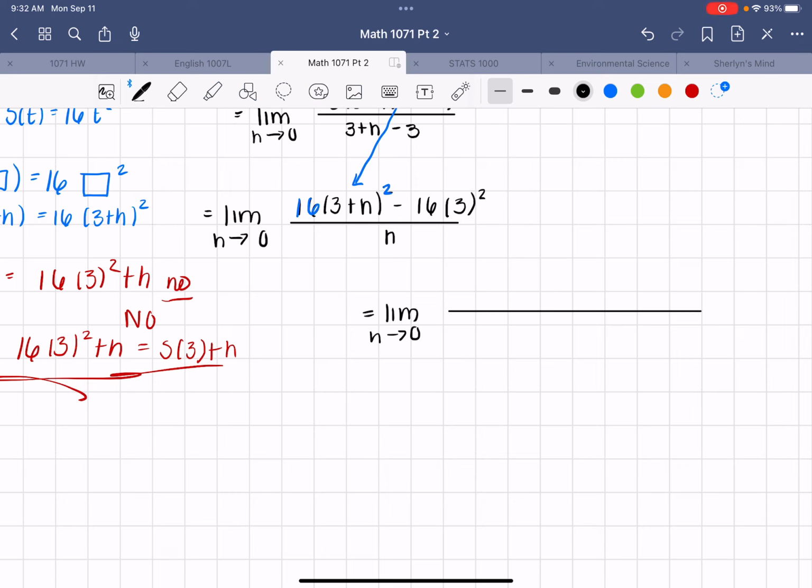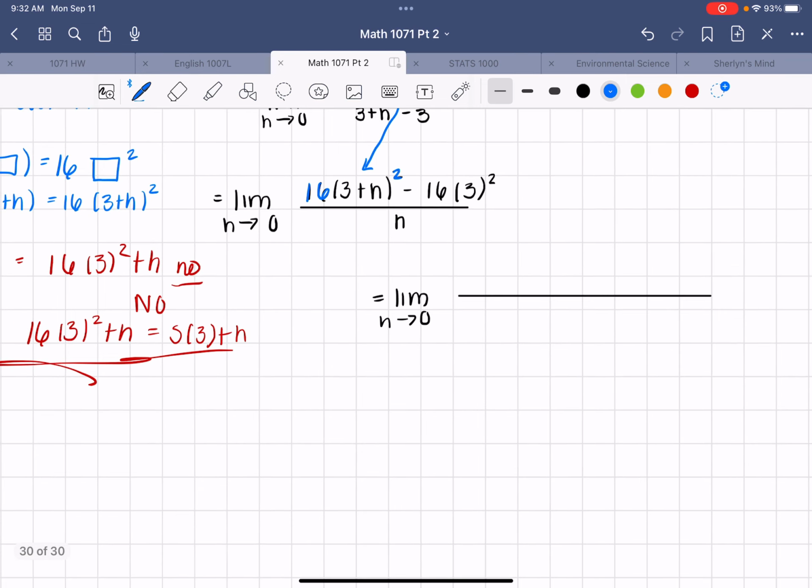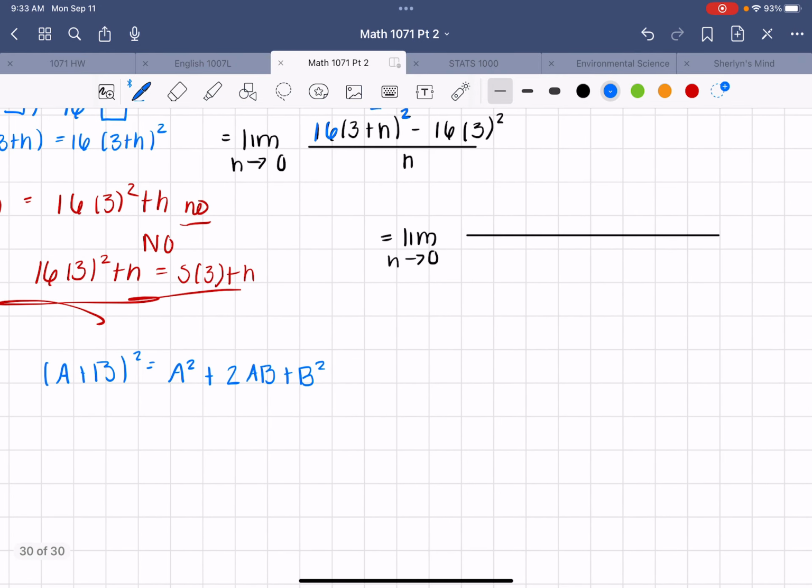So do you all remember about expanding a square? A squared plus 2ab plus b squared. The mistake, when expanding a square, is too often people leave out the middle term, and that blows away the whole problem.